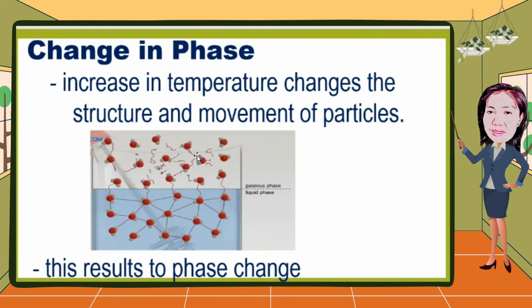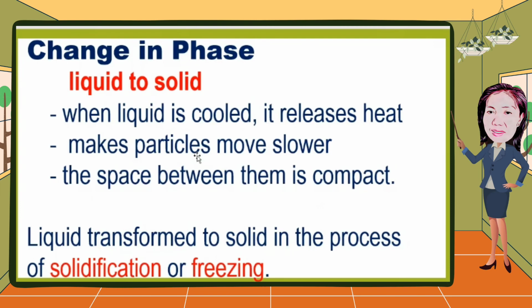Di na siya magiging liquid phase. So this is another effect of heat if we apply. So one phase change is the change from liquid to solid. So when liquid is cooled, it releases its heat and makes the particles move slower. So the space between them is now compact.